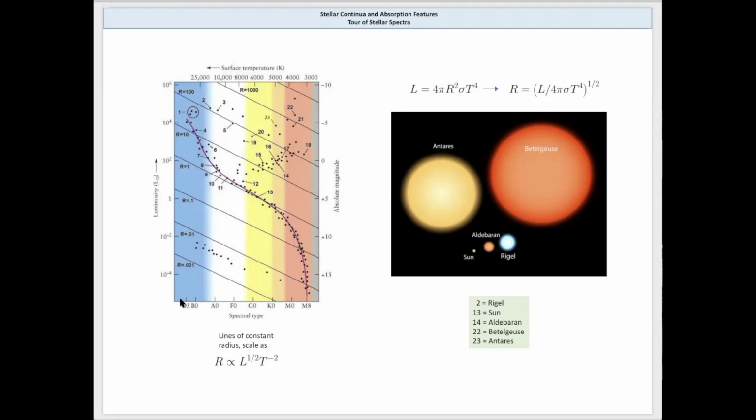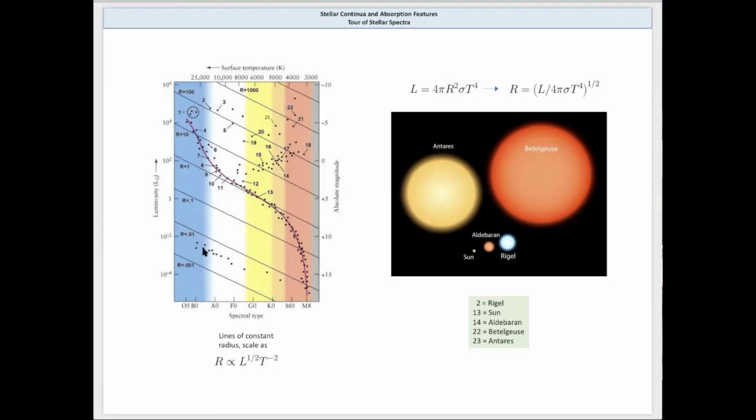And so if you go from the lower left corner, where you are low luminosity but hot, you are small radii. These here are the white dwarfs. R of 0.01 is the radius basically of the Earth, 1/100th of the sun. And these white dwarfs are all about the size of the Earth or a little smaller.